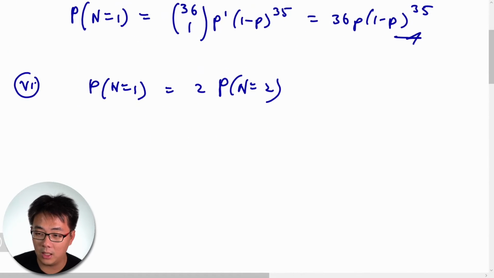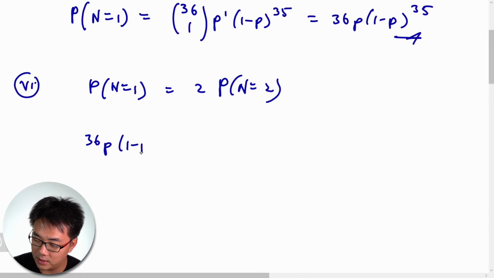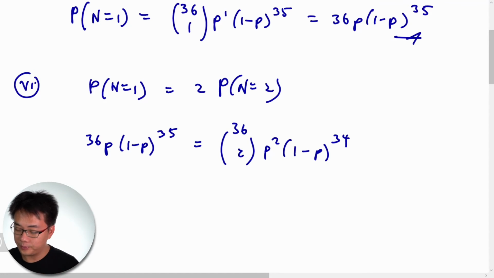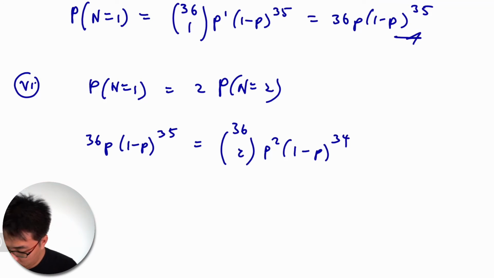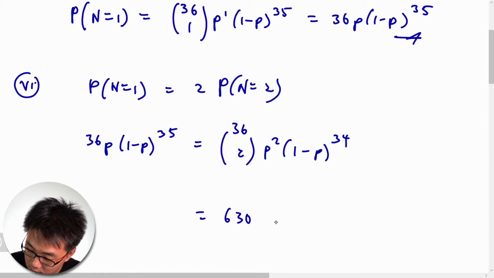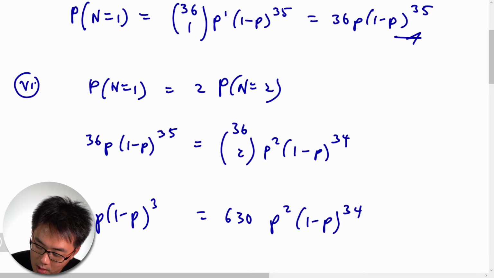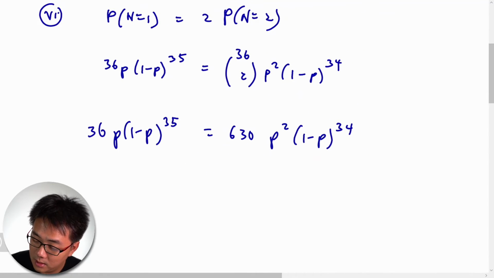Okay, so we're just going to write it down and try and solve it. So this part here, P(N = 1) is 36 p (1 minus p)^35. This is 36 choose 2, occurrence is p squared, non-occurrence is (1 minus p)^34. 36 choose 2 is 630, so 630 p squared (1 minus p)^34. Now what you do is you cancel away the p, because p is not 0, right?